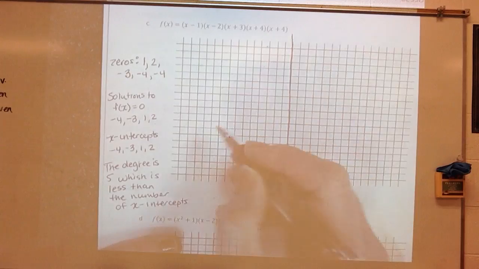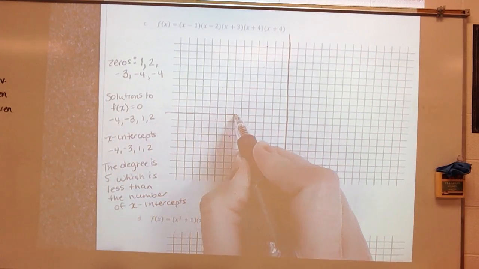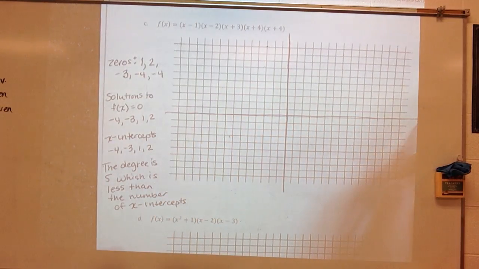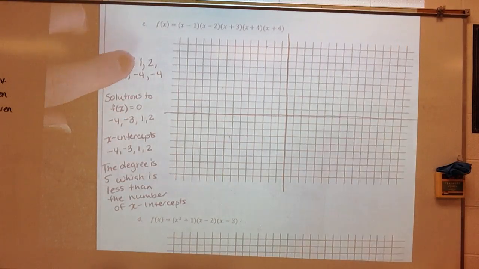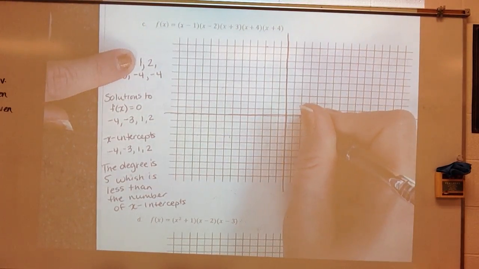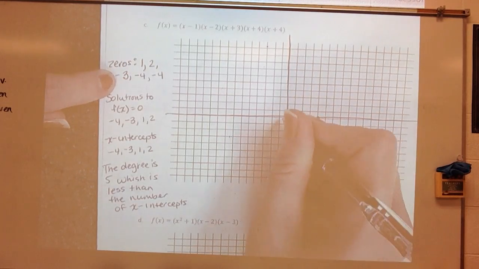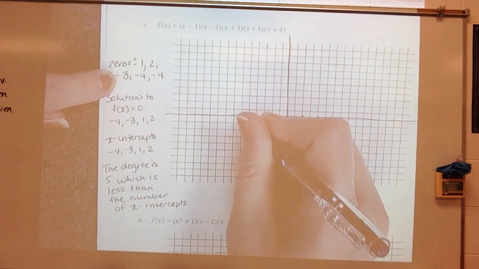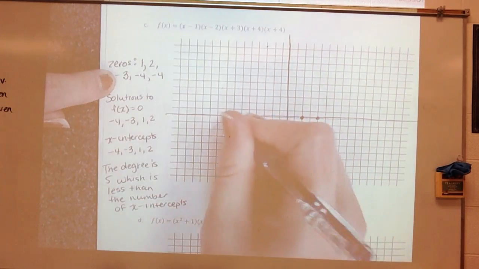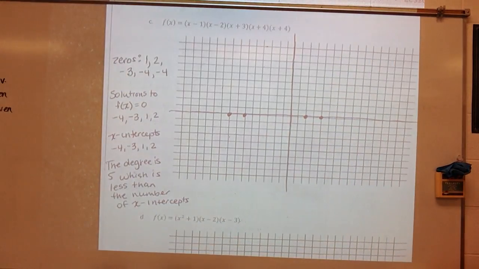All right? So let's graph it. So I know I'm going to have one at 1, and I'm going to have one at 2. I'm going to have one at -3, and then one at -4.